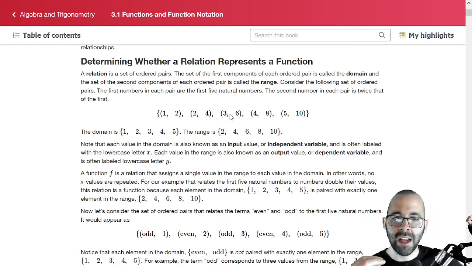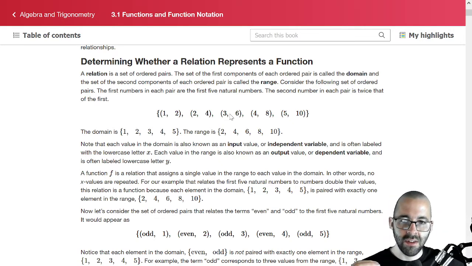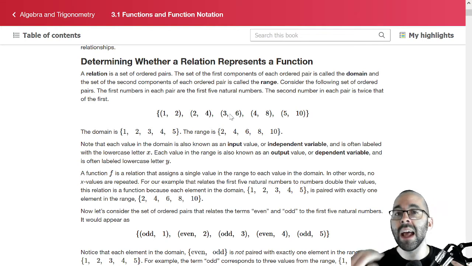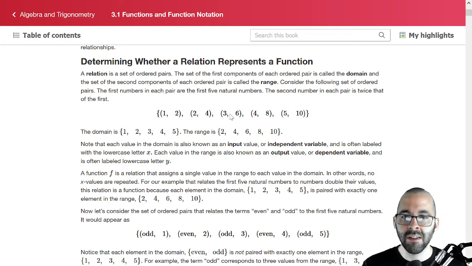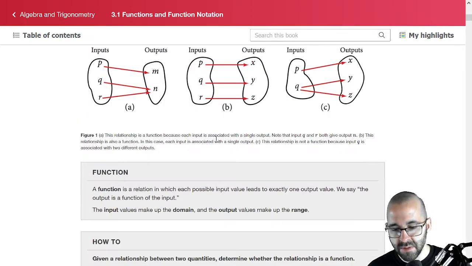And then y is the output, the result. Y is the dependent variable, because y is dependent on what you plug in for x. We'll be using these terms a lot throughout this chapter, reinforcing these concepts some more. I'm just briefly introducing them right now. It's probably a good idea to pause and copy these down into your own notes.